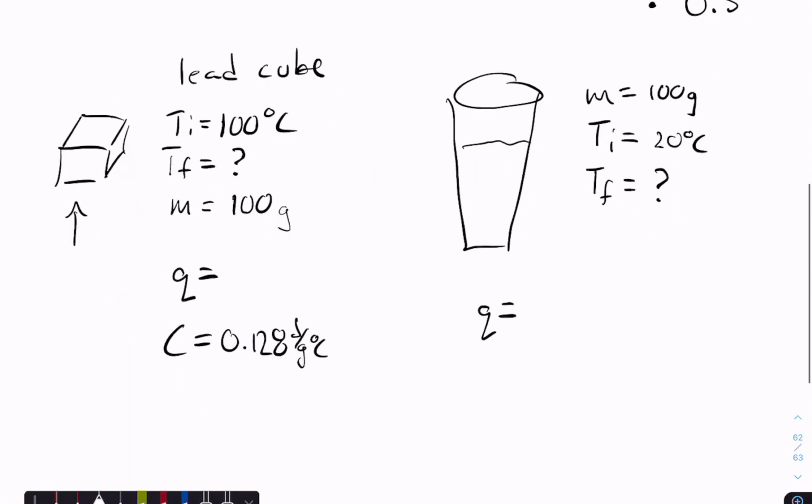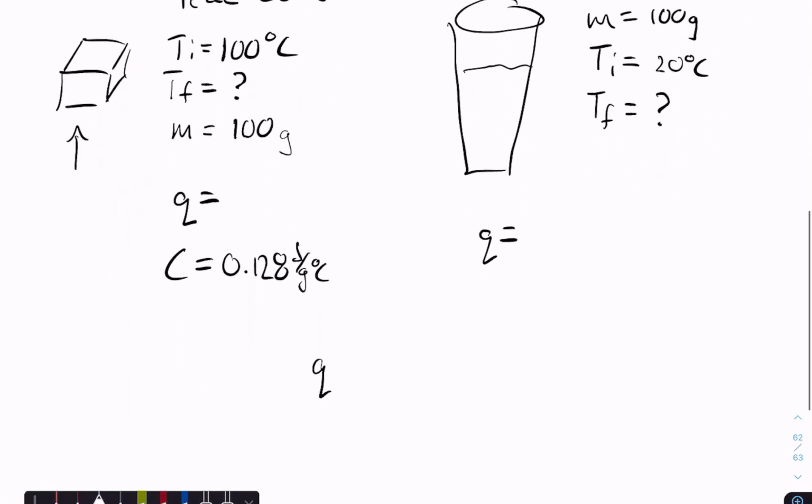So the core concept here, though, is that we have some Q from the metal, because as the cube goes in, it's going to cool down. As it cools down, it's going to be giving up energy into the water. The water's going to warm up, and they're going to meet somewhere in the middle, right? Because the cube's not going to cool all the way down to the initial temperature of the water, and the water's not going to warm up all the way to the initial temperature of the metal, but it'll be somewhere in between.